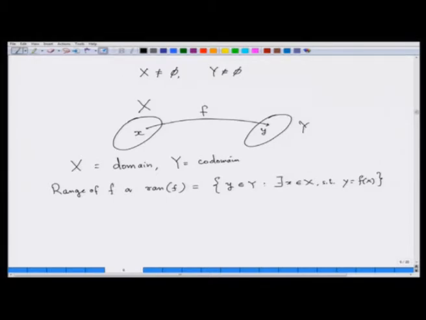So, this means that not all elements of y need be an output corresponding to a given x. That is something very, very important. So, there is a difference between codomain and range. Essentially, range is a subset of the codomain.